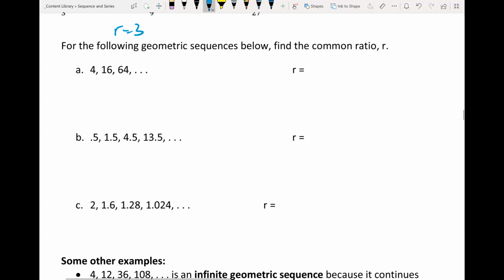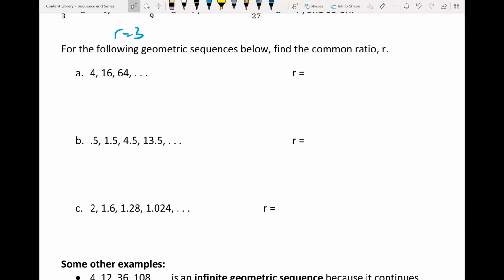So for the following geometric sequences, we're going to find that common ratio R by taking one of the terms, let's say 16, and then dividing by the term that's right before it. So that'll be 16 divided by 4. So R is 4. We could have also done 64 divided by 16 and gotten the same answer.